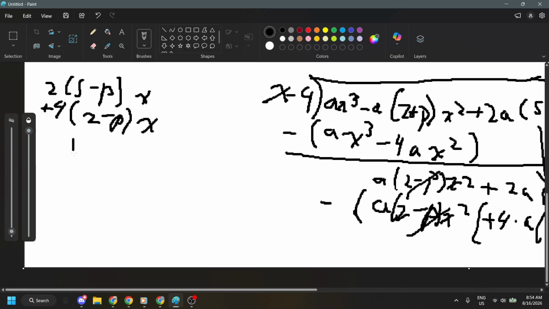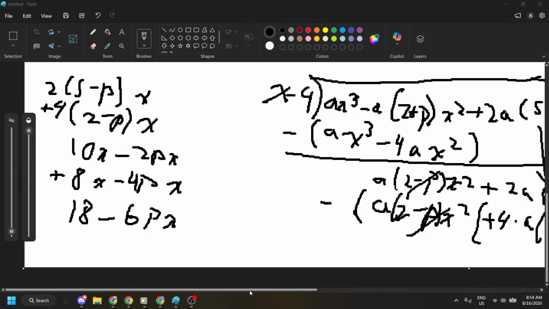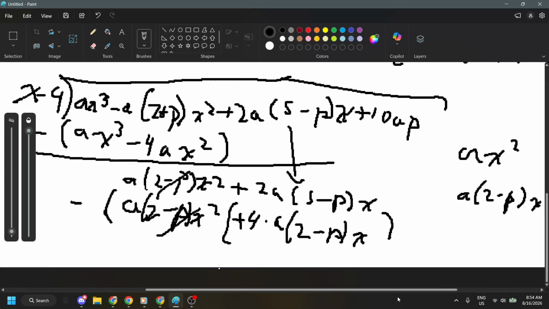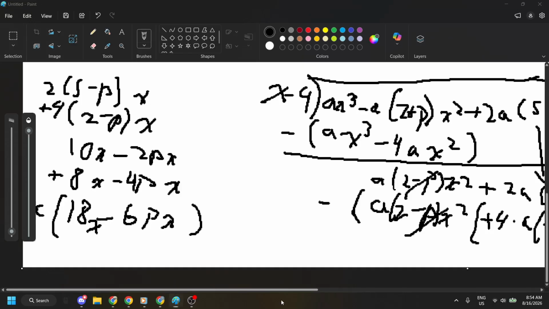So we have 10x minus 2px plus 8x minus 4px. So this gives us 18 minus 6px, 18x, and then of course this all has a in front of it.